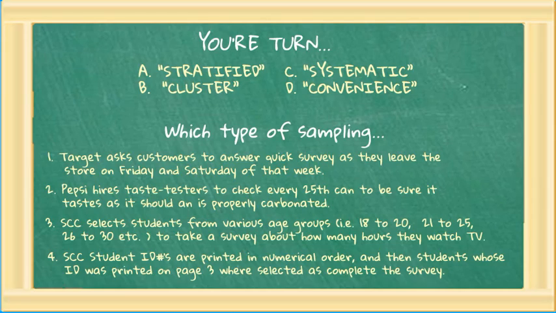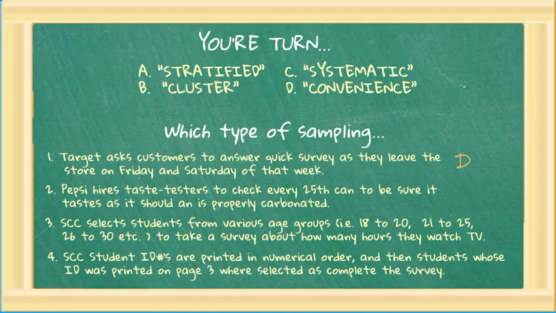All right, the first one, the Target one, was a convenience sample. It's all going to be Target customers, so they already have a tendency to shop at Target, but they can ask them, do you like the way the shelves are set up, or what would you do different? So yeah, it's convenience because they're not going out and surveying, they're waiting for people to come to them. And again, it would give them some information.